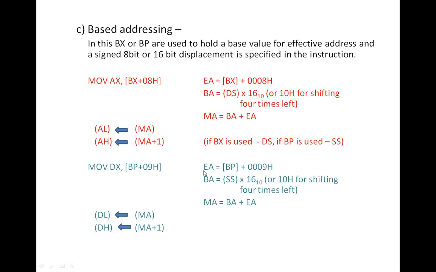And once we get the value of the effective address as well as the base address, by shifting it 4 times left, we add these two numbers to get the physical address or the memory address. Then the content of this memory address will be copied into the DL register, and the content of the next memory location will be copied into the DH register.